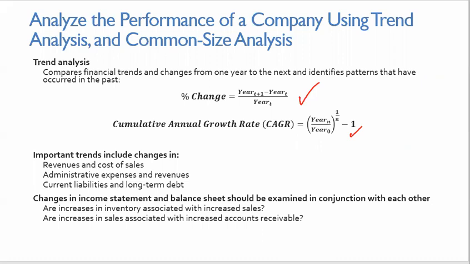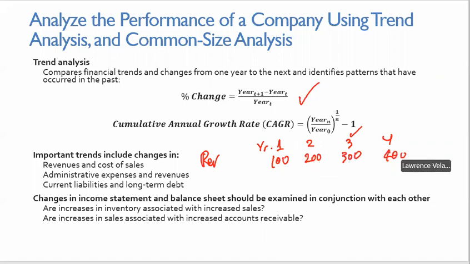Okay, so for example, no, year 1, 2, 3, 4. Yung year 1, yung revenues was 100, 200, 300, 400. Okay, if you get the cumulative annual growth rate for 4 years, which is on the fourth year, what will be the computation of the CAGR?